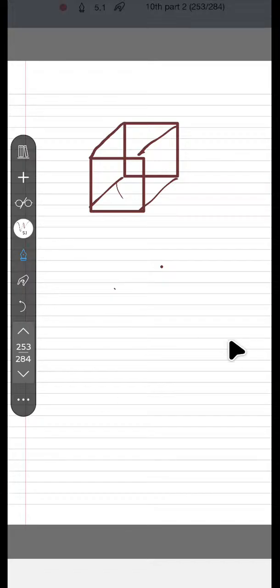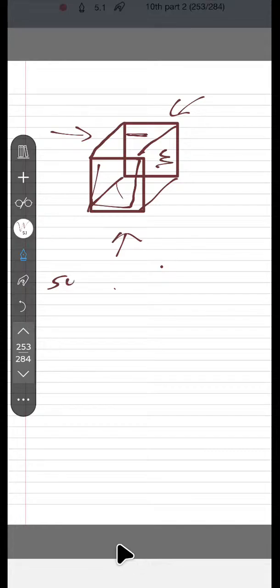Now see, this is one planar shape, this is another planar shape, this side also another planar shape, and from the downside another planar shape is there. Now here one thing we have to understand: solid shapes are made by whom?